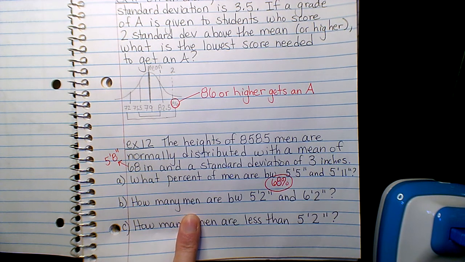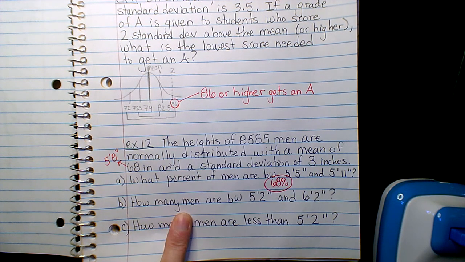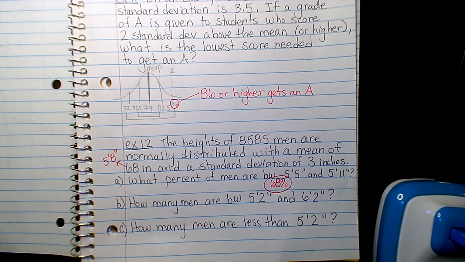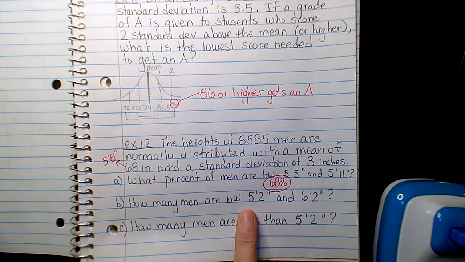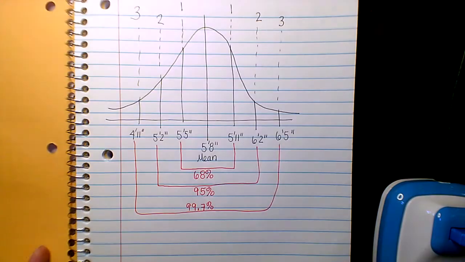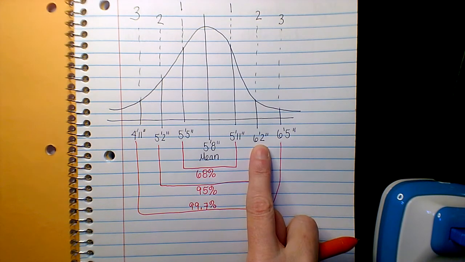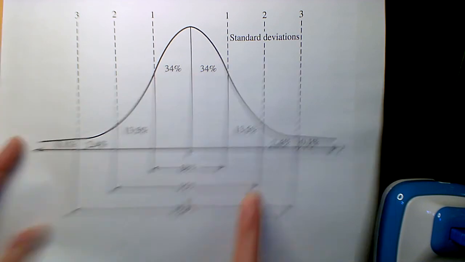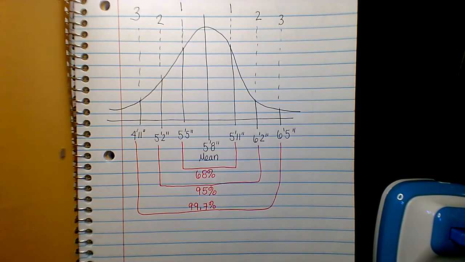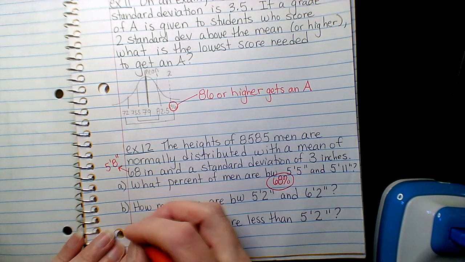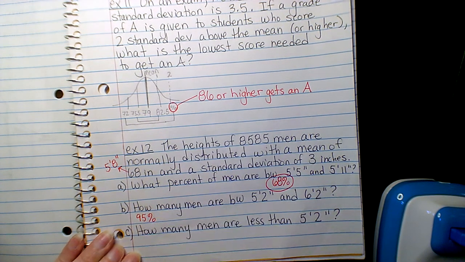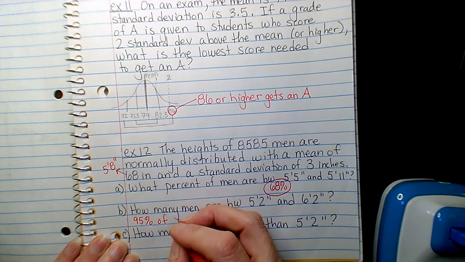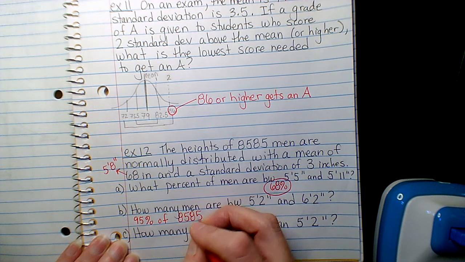How many men? Pay attention to this. This one said what percent. This says how many. We're going to find the percent, and then we're going to take that percent of our total. All right, so between 5'2" and 6'2", that is within 2 standard deviations. See, there's our 2 standard deviations. That's the 95%. So this is going to be 95% of the total, 8585.